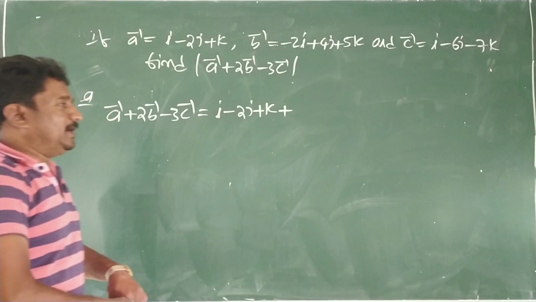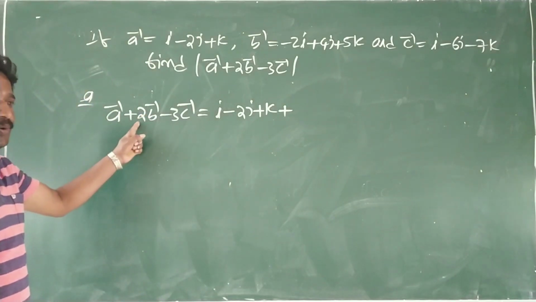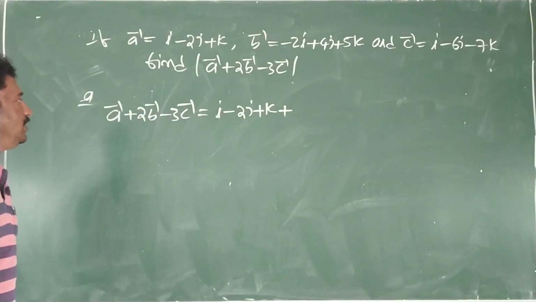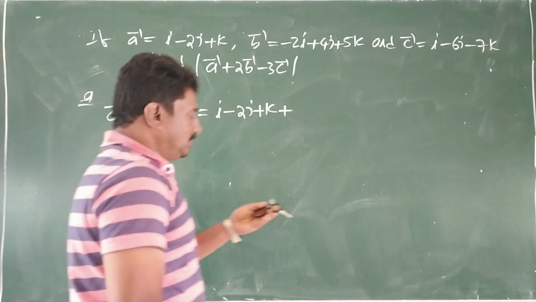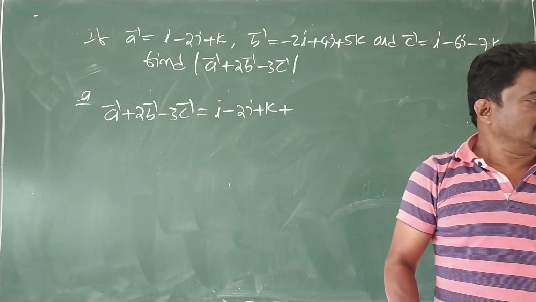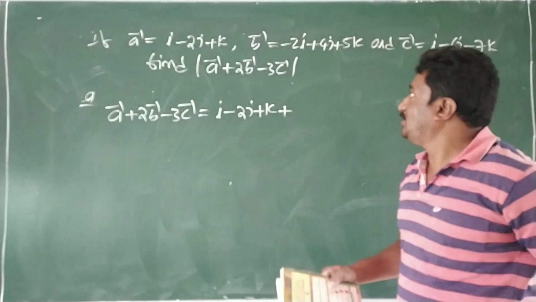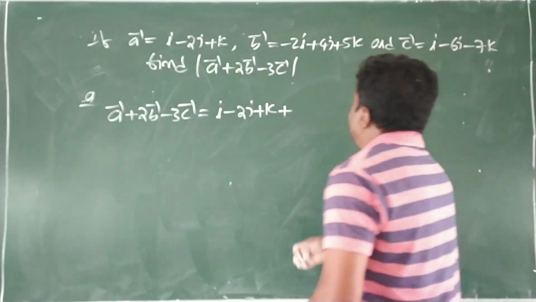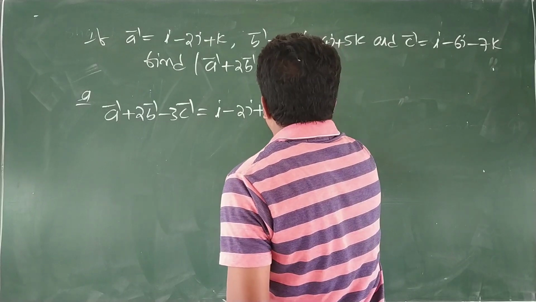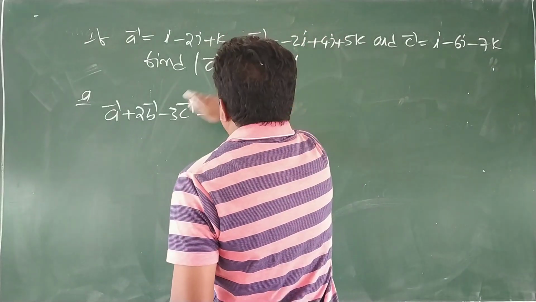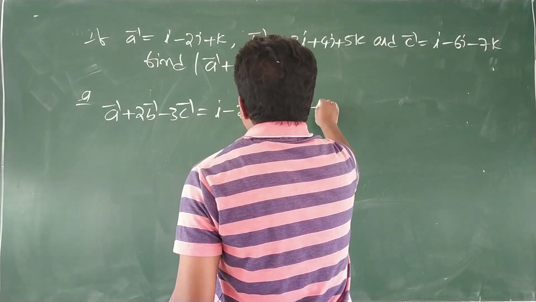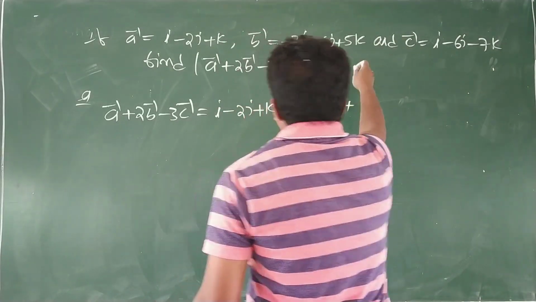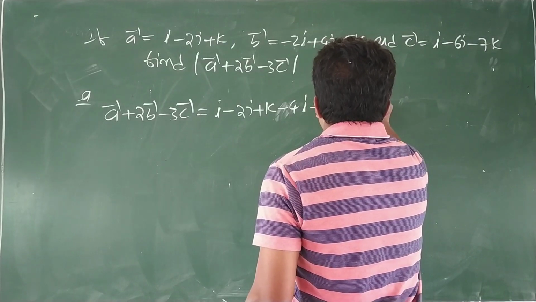Then 2B: multiply vector B by 2. 2 2s are minus 4, so minus 4i, plus 4 2s are 8j, plus 5 2s are 10k.